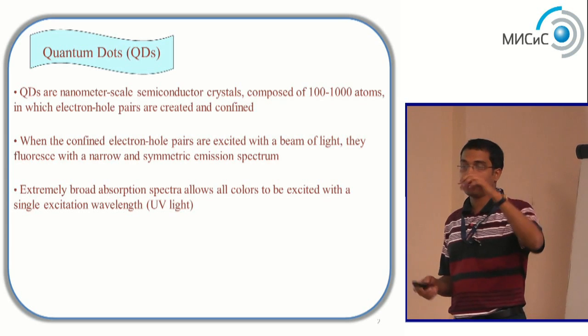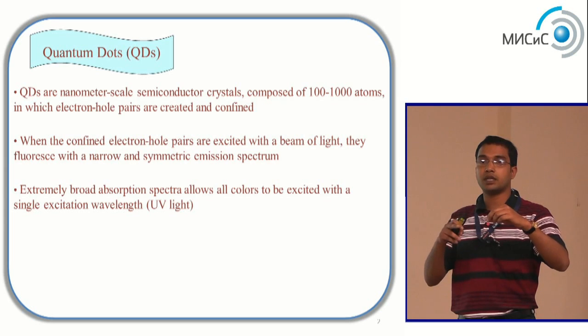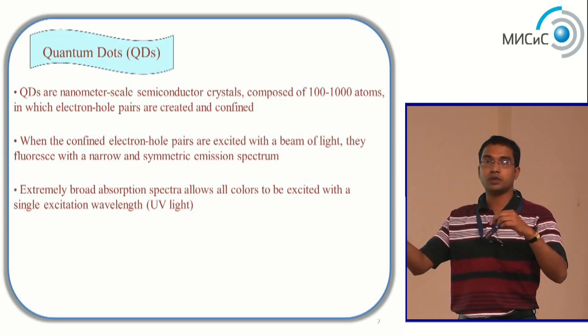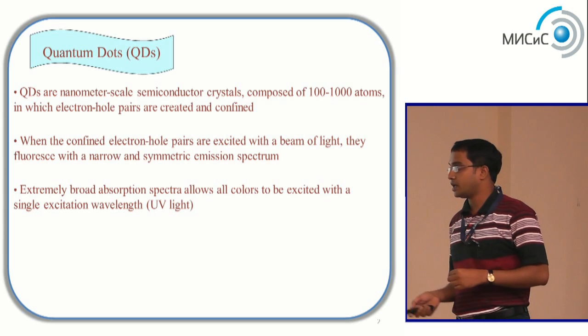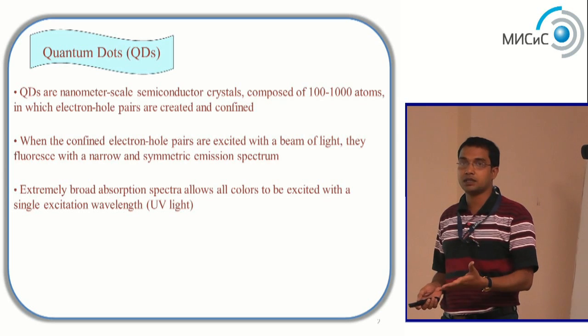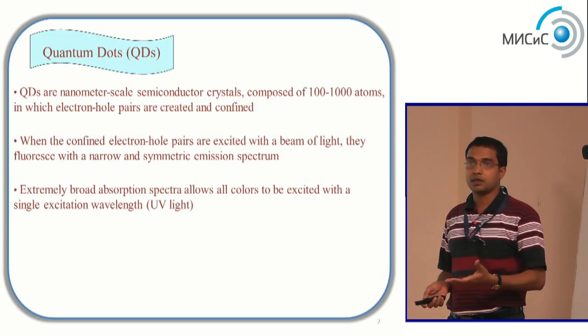If we excite the quantum dots with a single UV light, we can show the whole spectrum from UV to near infrared to mid infrared. So it has great possibilities for biotechnological applications, because that is today's demand.